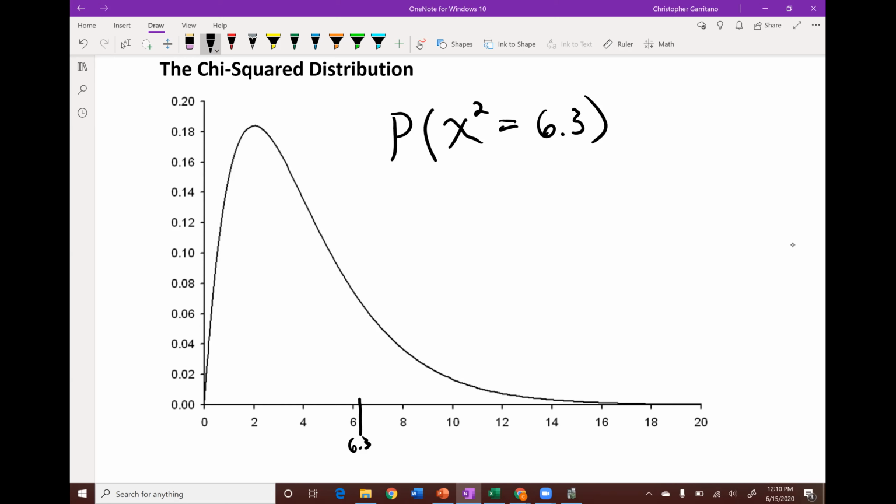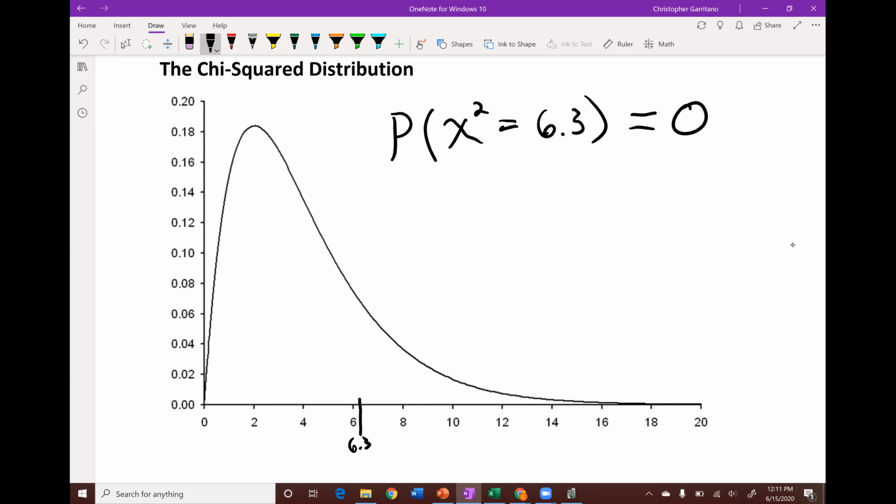Well, as we know, we're looking at a continuous distribution. The reason is that our chi-squared variable can take on any real number between 0 and infinity, theoretically. So this is indeed a continuous distribution. If we try to calculate this probability, we're just going to get 0.